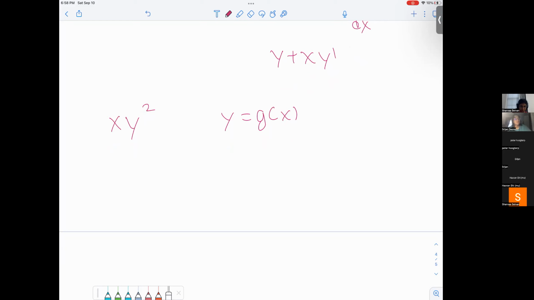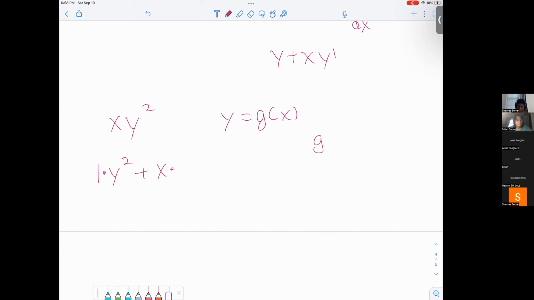But to take the derivative, remember what we said about product rule. You take the derivative of the first function, so in this case, derivative of x is 1, and you multiply it times the second function, plus the first function times the derivative of the second function. What is the derivative of g of x squared? Well, the derivative of g of x squared is the same as saying, okay, let's introduce a new function, h of x is equal to x squared. We want h of g of x.